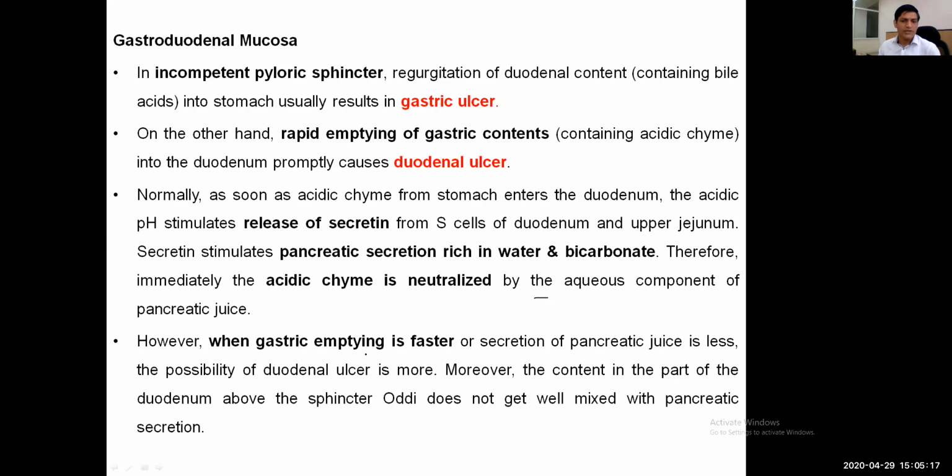When gastric emptying is faster or secretion of gastric juice is less, the possibility of duodenal ulcer is more. As we have seen, this is the reason why there is a gastric ulcer and why there is a duodenal ulcer.